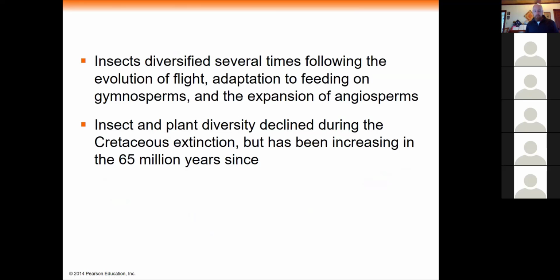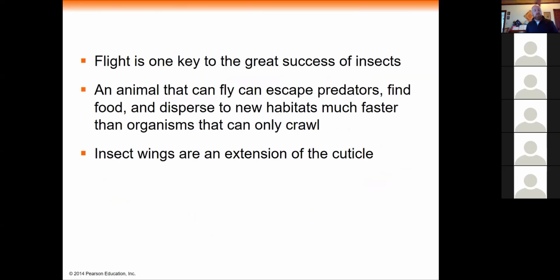So pretty interesting. Another key to the success of these guys is flight. Insects have evolved flight probably at least 5 times independently. So insect wings are not all the same. Think about a dragonfly versus a bee versus a beetle.